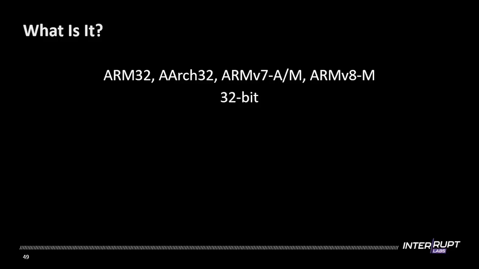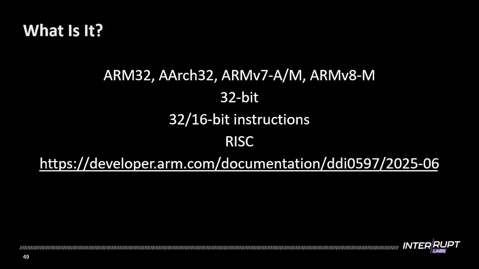So yeah, it's 32-bit, which means that most of the instructions operate on 32-bit integers. You're also limited to 4 gigabytes of memory. And the instructions can be 32 or 16-bit, depending on the mode. And we'll look at modes later on in this section. It's RISC, just like ARM64. And here are the list of instructions.